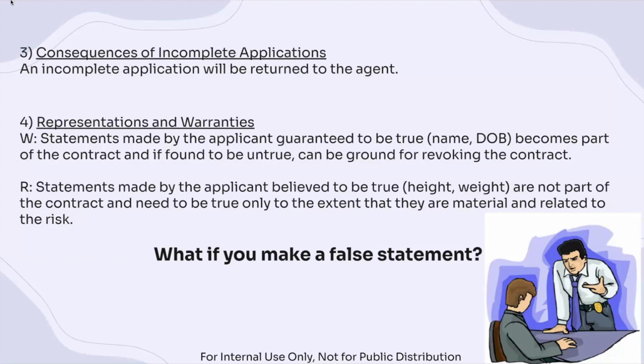Well, you might say on the application that you don't have any cardiovascular diseases, but in reality you might, and you just don't know about it yet. Representations are believed to be true to the applicant's best extent, but they are not guaranteed to be true. Your name is guaranteed to be true, but sometimes your medical information, some pieces such as weight or height, might not be up to date, but it's just right to the applicant's best extent.